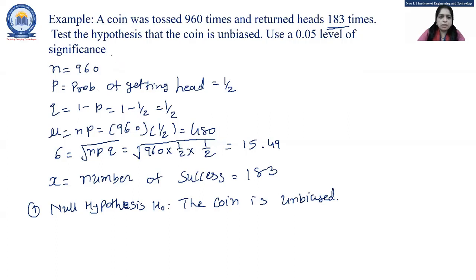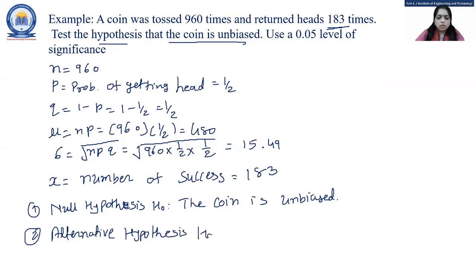Because we have to check the hypothesis that the coin is unbiased, that's why we set our null hypothesis as the coin is unbiased. And the second step, the alternative hypothesis, HA. That is the complement of the null hypothesis, so the coin is biased.